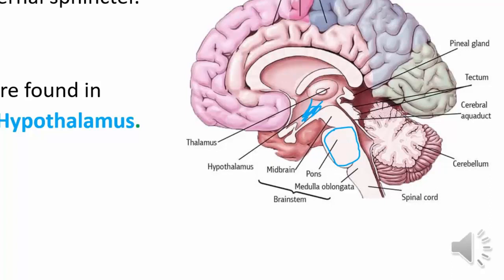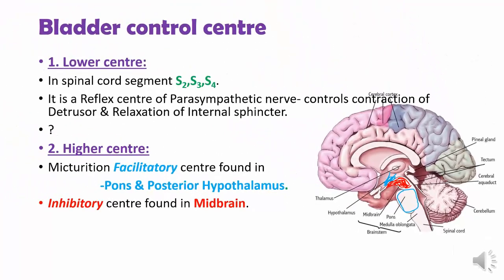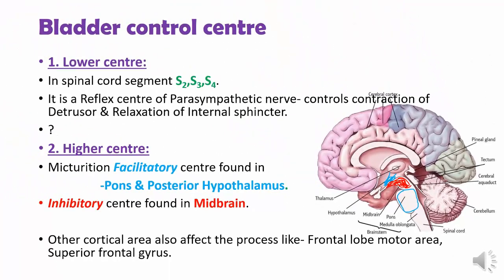Now these two areas facilitate the micturition process, and an inhibitory area is found in the midbrain, so this red area, the midbrain area, is inhibitory for micturition. Other cortical areas also affect the process, like the frontal lobe motor area and superior frontal gyrus.